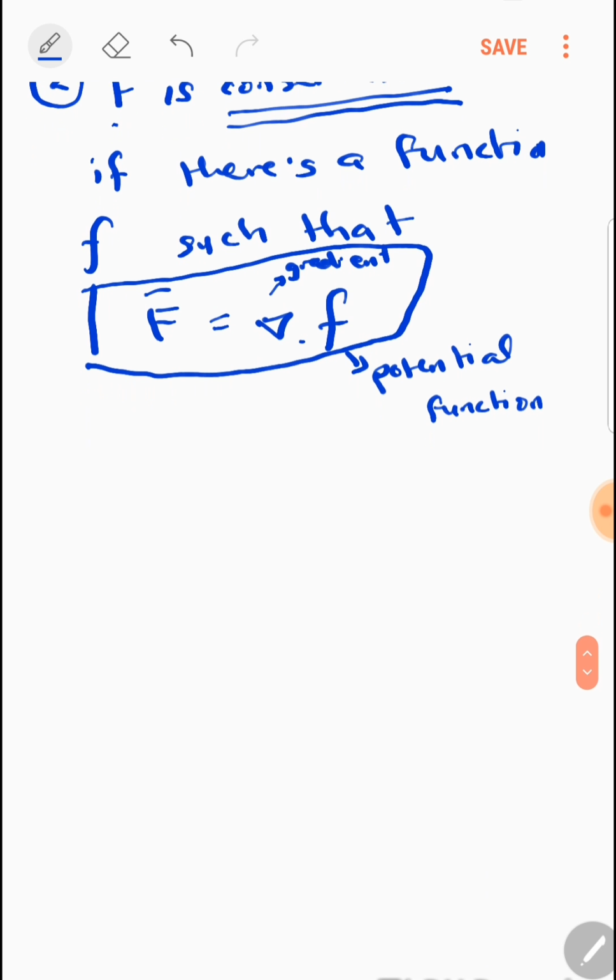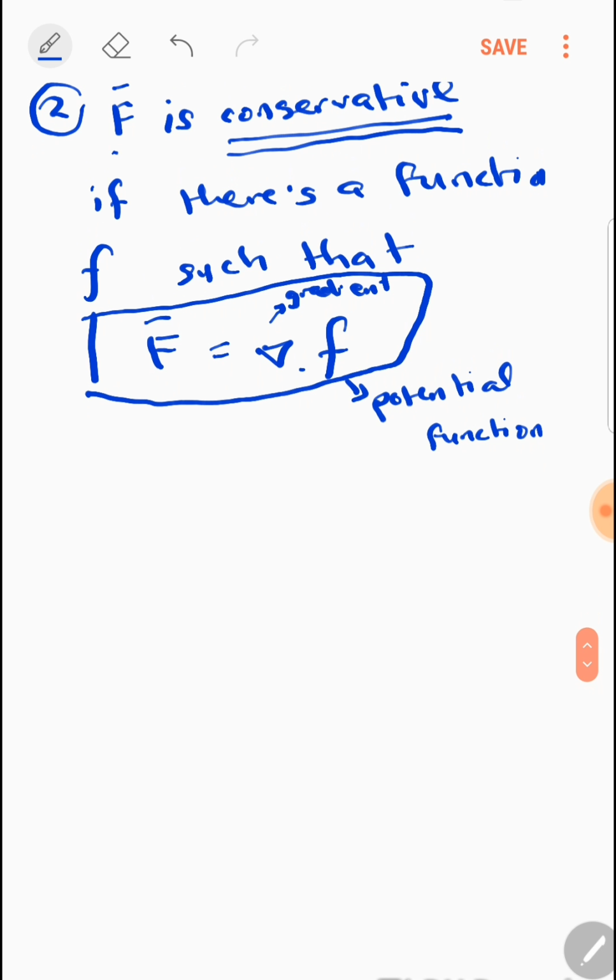All right, now here comes the question. I'm just going to scroll this up a little bit since we talk about conservative. How do we know whether f bar is conservative or not? As long as it fulfills these criteria: first, my f bar is a continuous vector field.